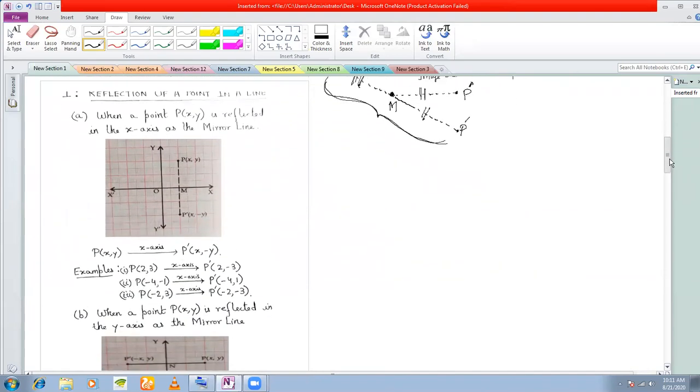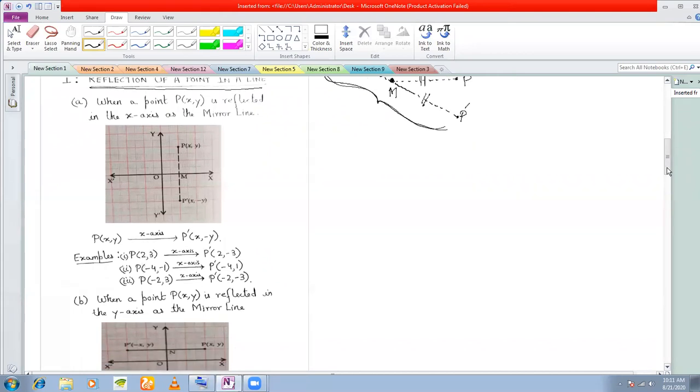Now we come to various cases. Reflection of a point in a line. Now we come to the various cases and the formulas.